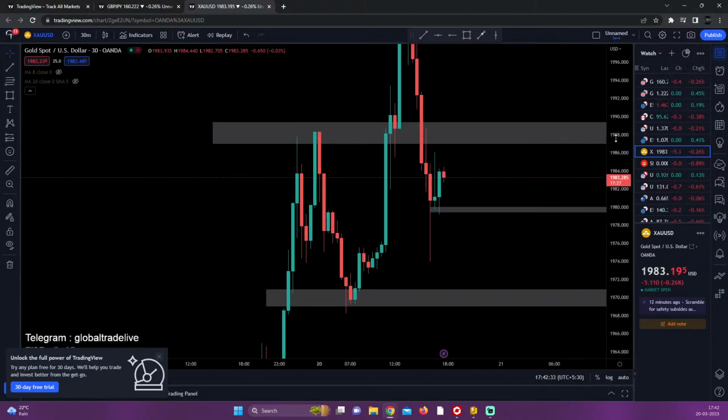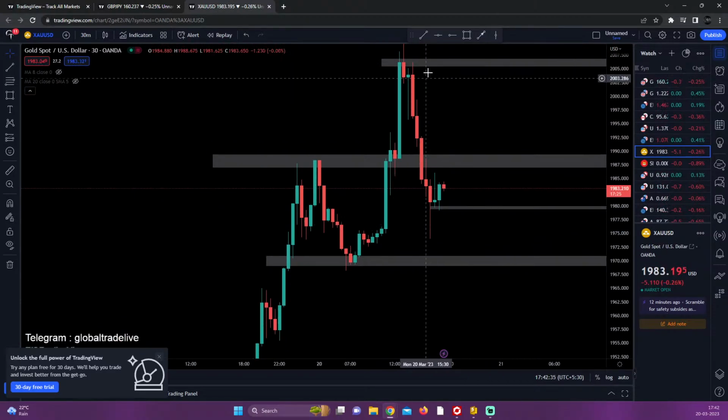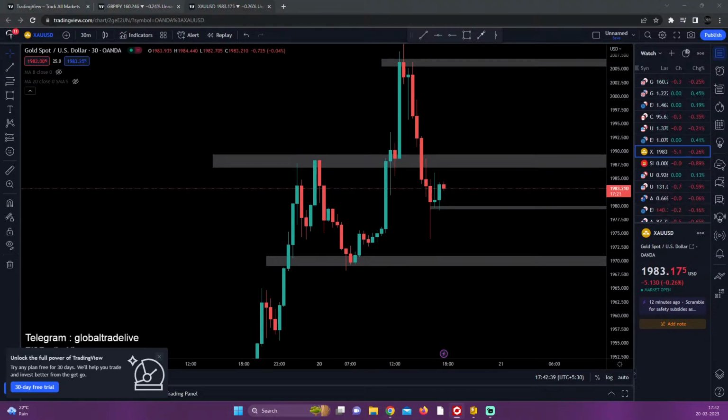So 17 minutes left for the current candle to close in gold. Nothing is happening right now. Nothing is happening at this point. The market is quite slow.